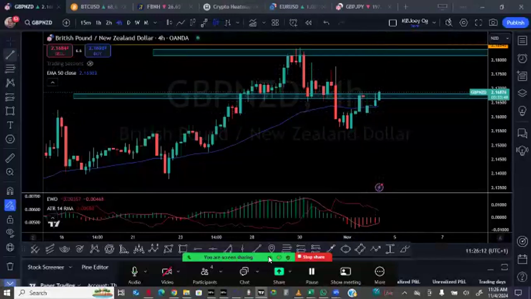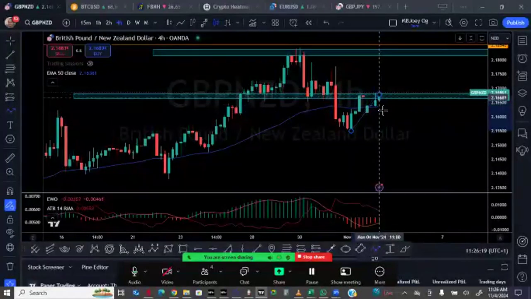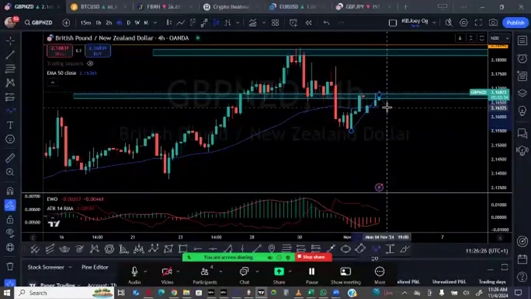But if there is a rejection from this side, let's say as it came back here, we have a rejection, then we have a candlestick that confirms our bearish movement. The candlesticks that we are looking for are a variation of our railroad, hanging man, or hammer kind of candlesticks, pin bar candlesticks, and the third one being an engulfing candlestick.